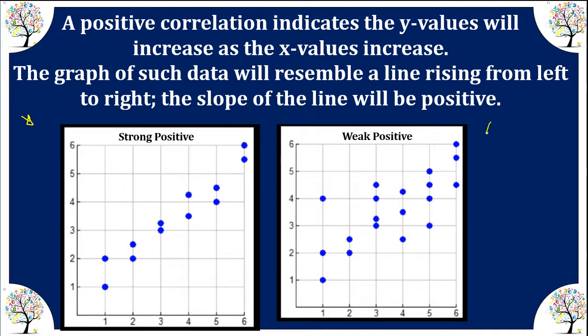In our second graph, you can see there still is kind of a trend of as our x values increase, the y values are increasing too. They're just not as clustered as graph number 1.